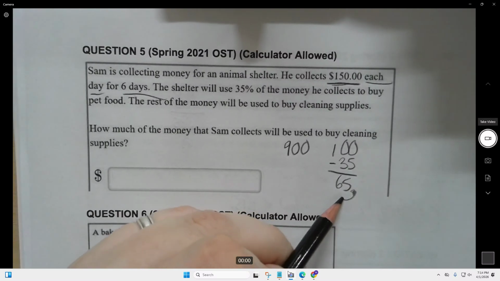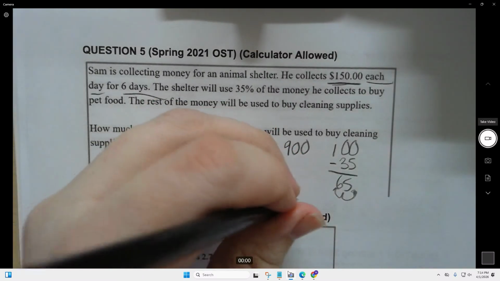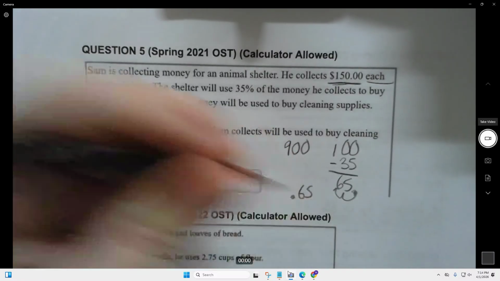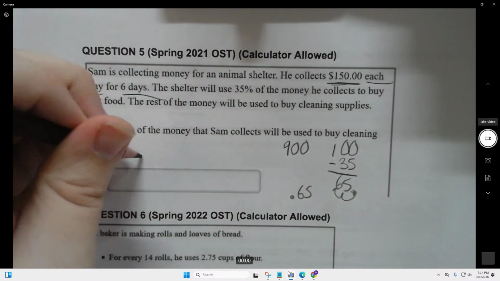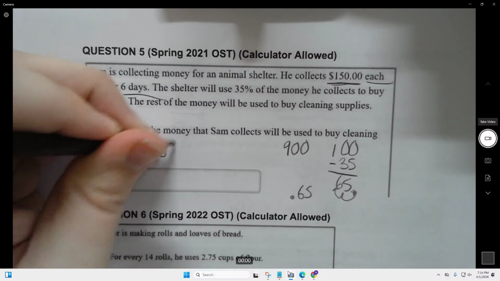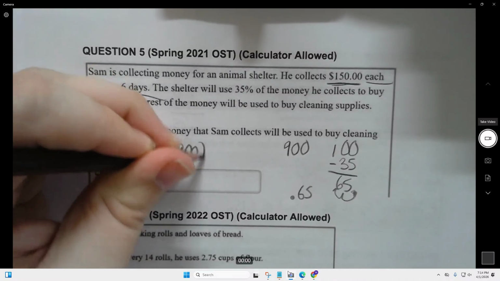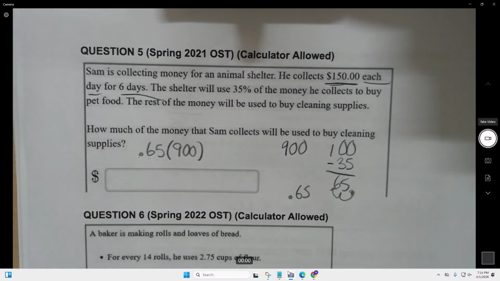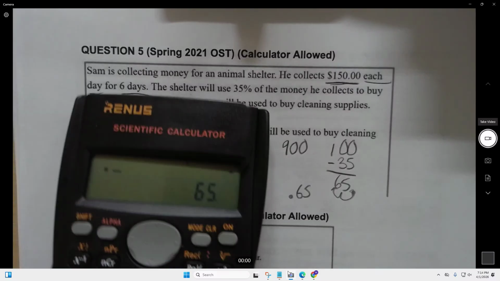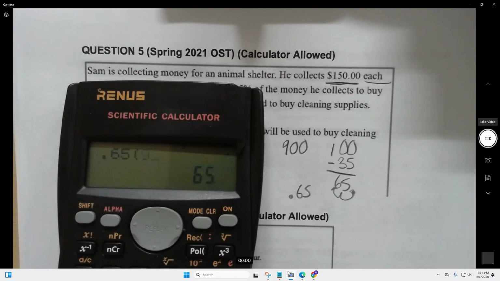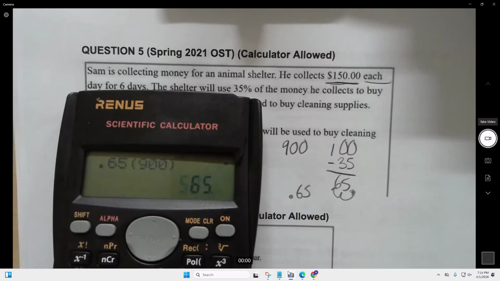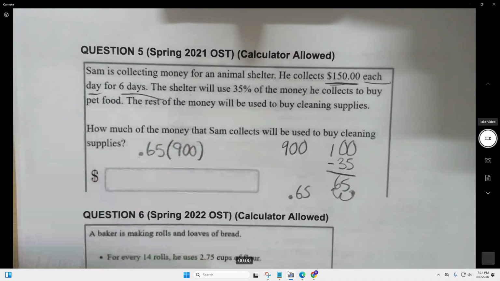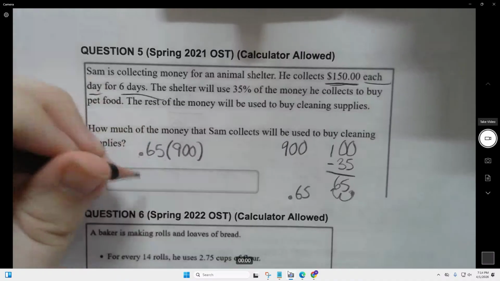Grab your decimal, move it over 2 spaces. 0.65. So now we need to take this 0.65 that we have and multiply it by 900. This is 65% of 900. 0.65 times 900 is $585.